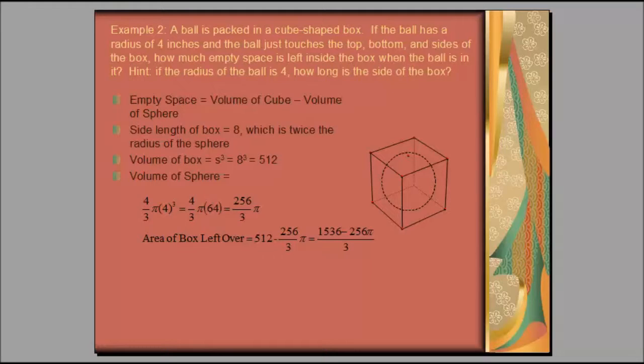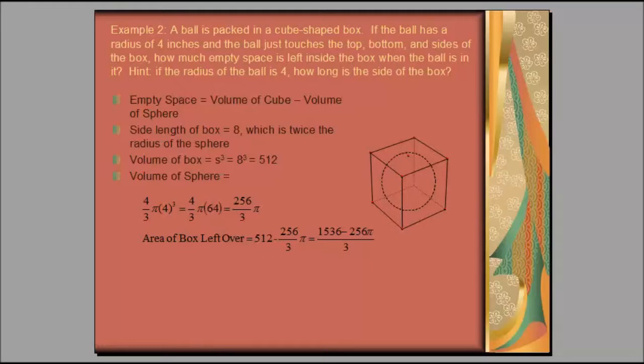Two things to know. The empty space in the box will equal the volume of the cube-shaped box minus the volume of the sphere. And if the radius of the ball is 4, the side length of the box will be twice that, which is 8. The volume of the box is s cubed, which equals 8 cubed, which equals 512.